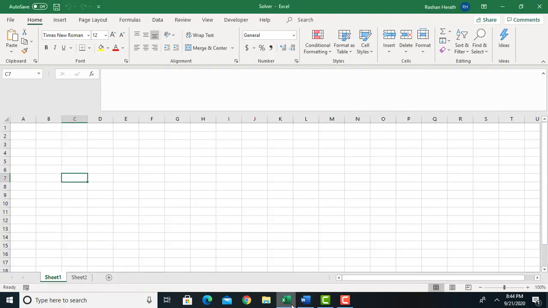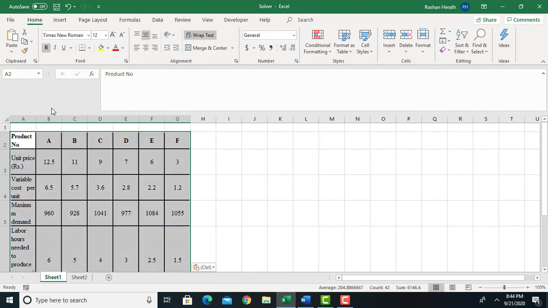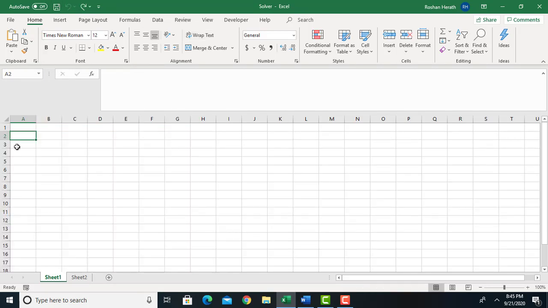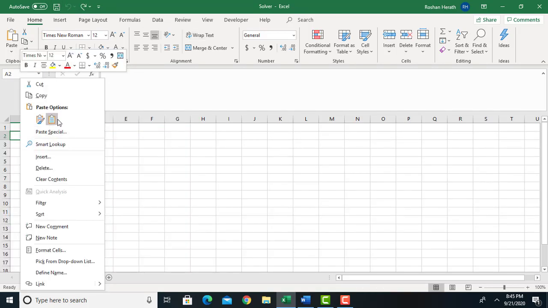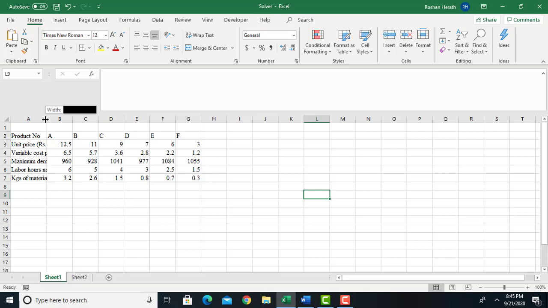So I might copy this and get them pasted. Right. So here I have the inputs.